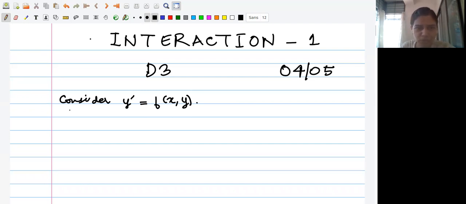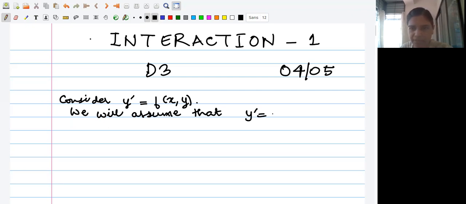So we will assume that this differential equation has solutions, and we discuss a graphical method of approximating these solutions.